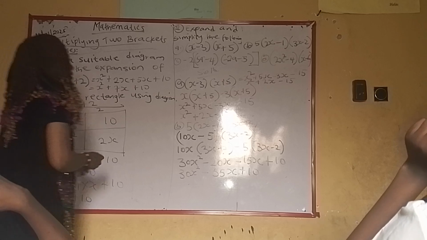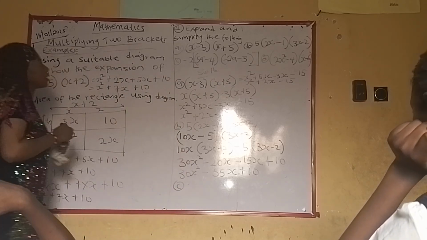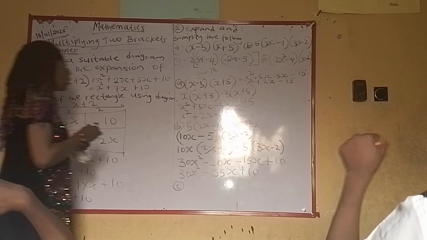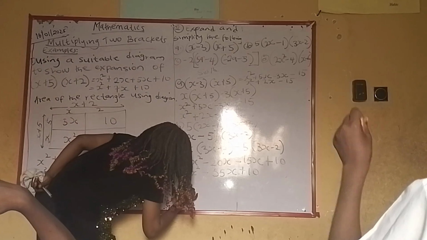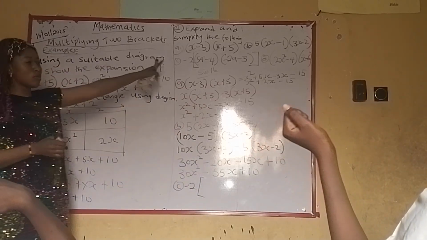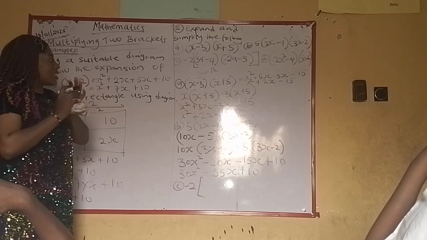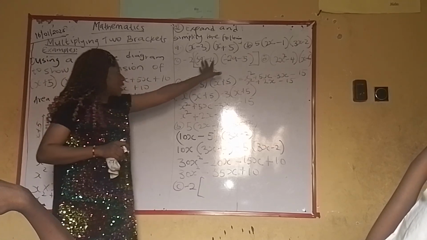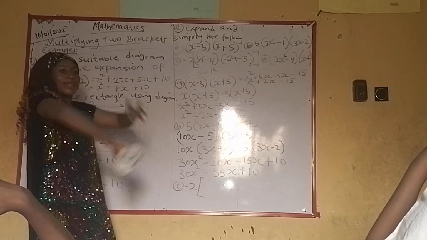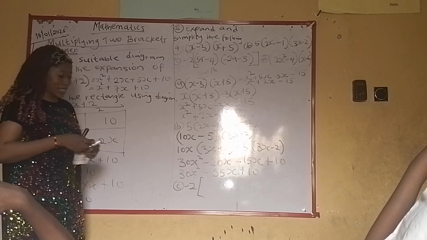So number 6. Minus 2. If you notice, it has 2 brackets, a bigger one and a smaller one. What that implies is we are going to finish with everything in the small bracket before we multiply everything by the one on the outer bracket.